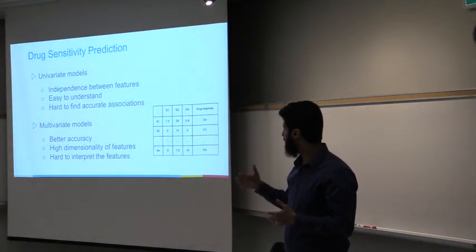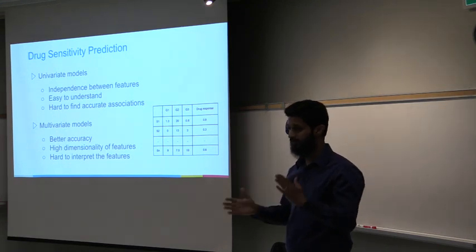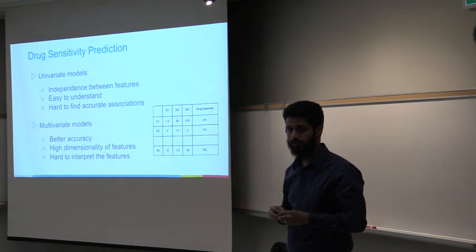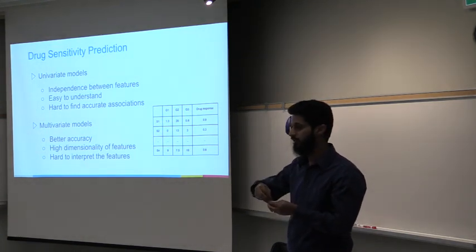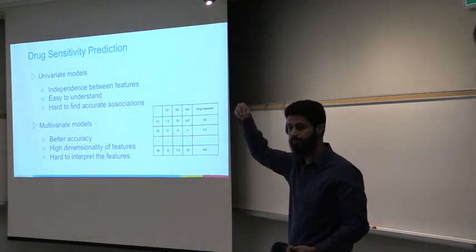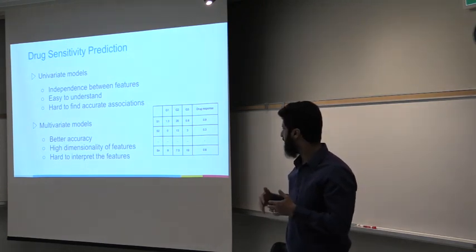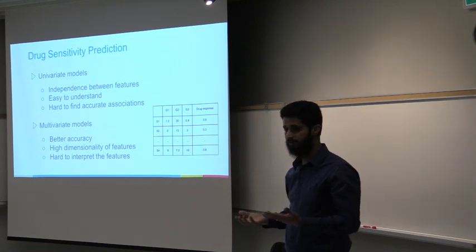One of the ways is to make a univariate model, where we assume independence between the features. In its simplest form, we try to find a correlation between the gene expression level across the different samples and the drug response. The reason these models are popular is because they are easy to understand.